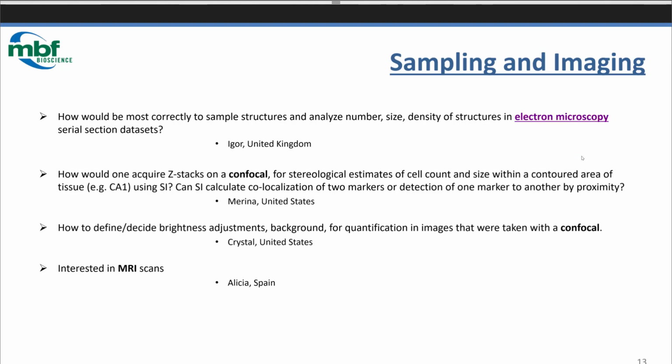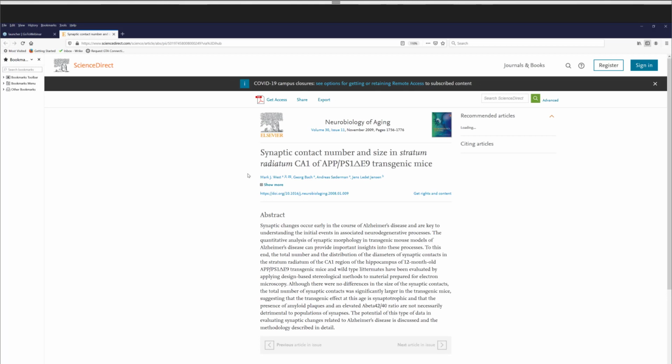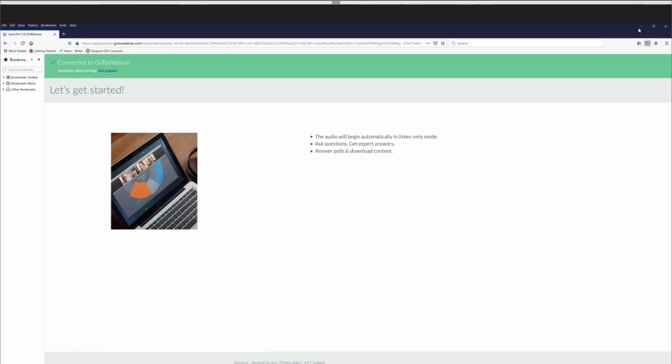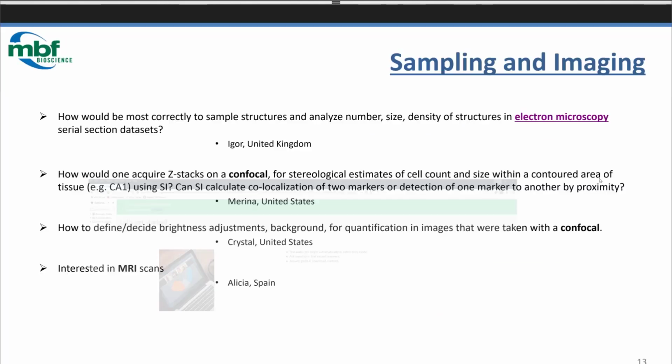I'm going to show you a reference by Mark West where they did systematic random sampling right down to the EM level. If you take a look at that reference and get in contact with us, we can help you to do unbiased stereology on electron micrographs. Really, the bottom line here is if you can image it using systematic random sampling, then we can get it into our program and estimate number, length, surface, or volume.